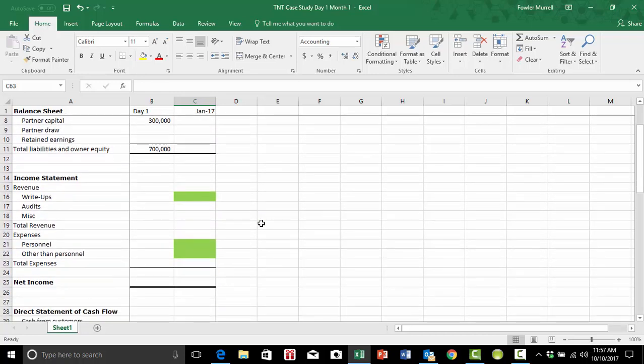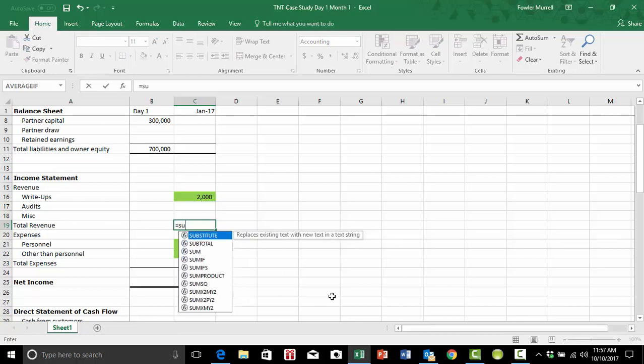Now, we started getting income. So we do have revenue. Revenue was $2,000 for our first write-up, and that was the only revenue that we had. So we have total revenue equal to the sum.